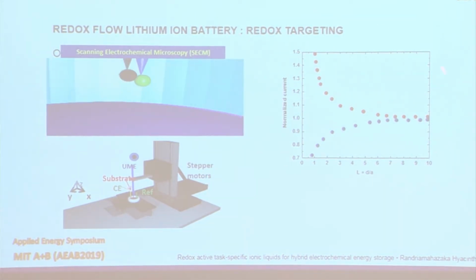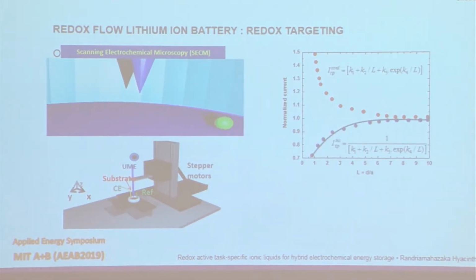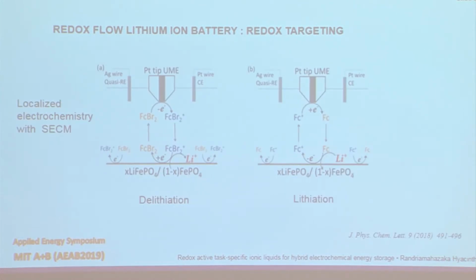So by analyzing this kind of approach curve and by means of some calculation, it is possible to determine kinetic parameters. So what we do in this work is use scanning electrochemical microscopy to analyze not only the charging and discharging, but also to determine the kinetics during the lithiation and delithiation of iron phosphate.